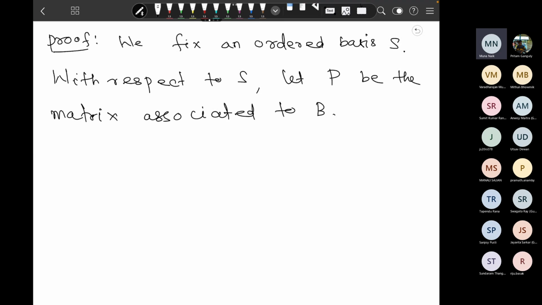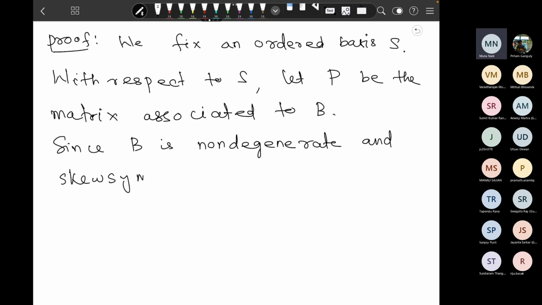Since B is non-degenerate and skew symmetric, I will get that P transpose is equal to minus P, and P is invertible, and the determinant of P is not 0.